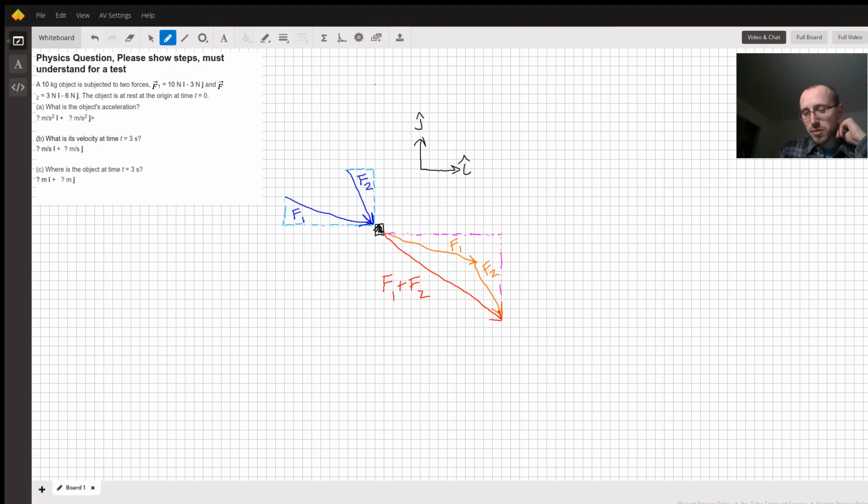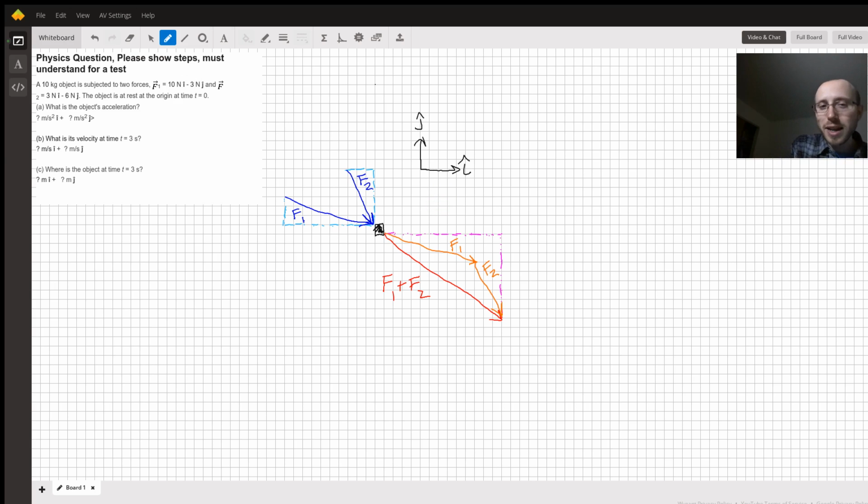So this problem involves vector addition, which I think might be confusing you in this problem. All that is, we're going to write our forces in 2 dimensions in terms of their i and j components. And i and j just refer to the specific directions. So you could think of i and j as just the same thing as x and y.